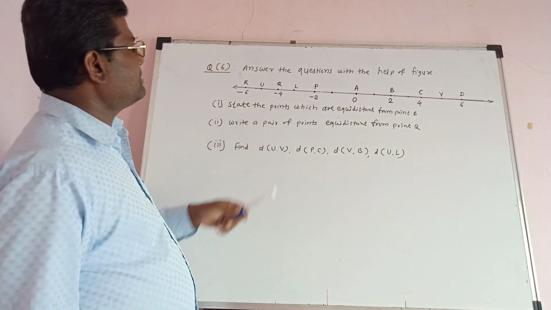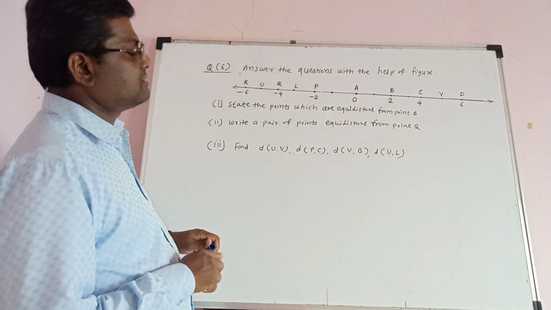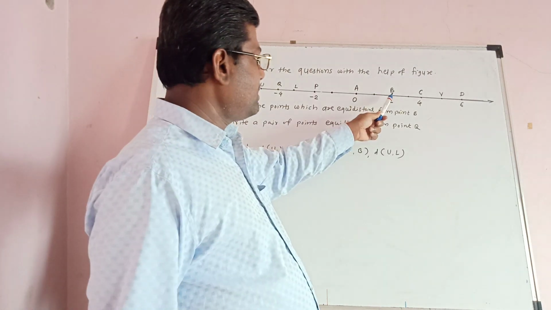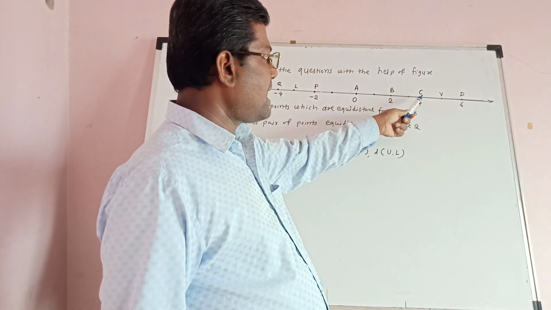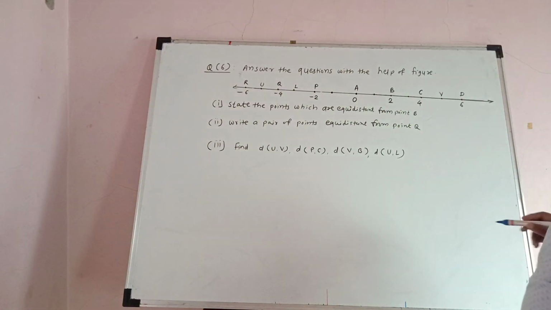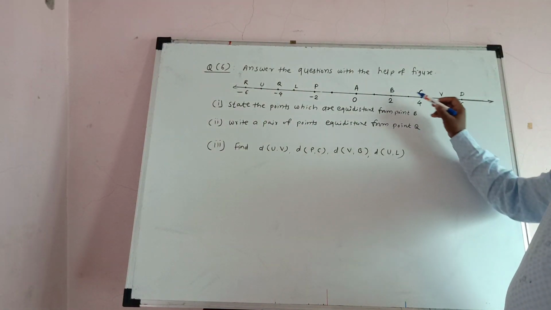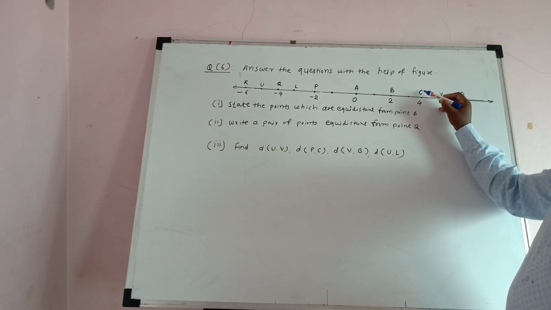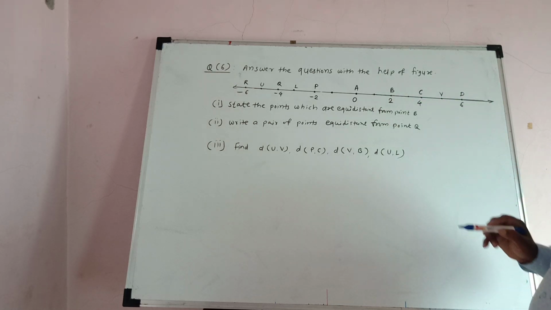State the points which are equidistant from point B. From point B towards the right of B, C is at 2 units. 1, 2. 2 units toward the right, point C is there.